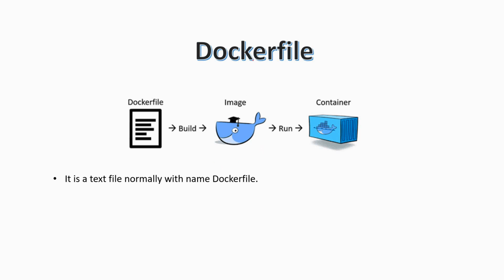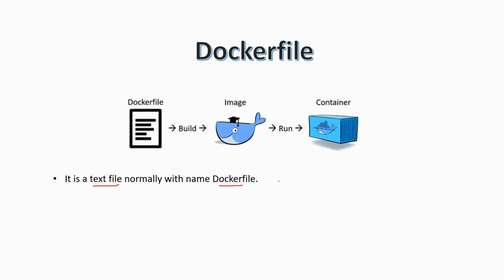So the Docker file is basically a text file, and its default name is Dockerfile, though it can have another name as well. And though it is a text file, it is to be created without any extension, so .txt is not to be used when we are creating any Docker file.